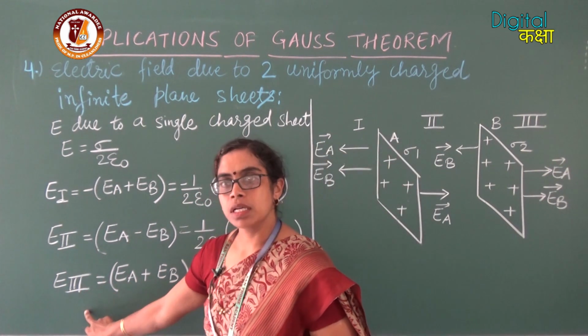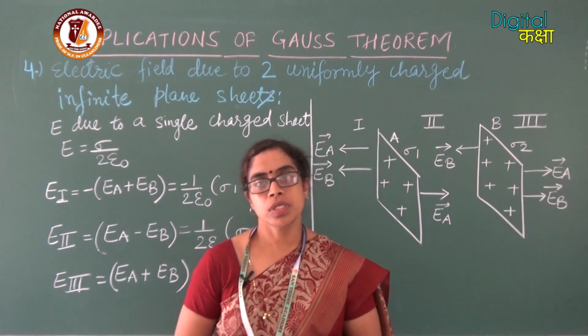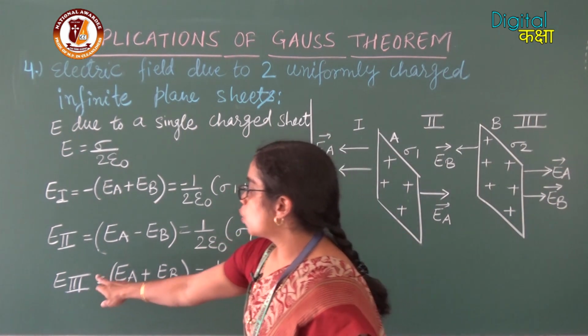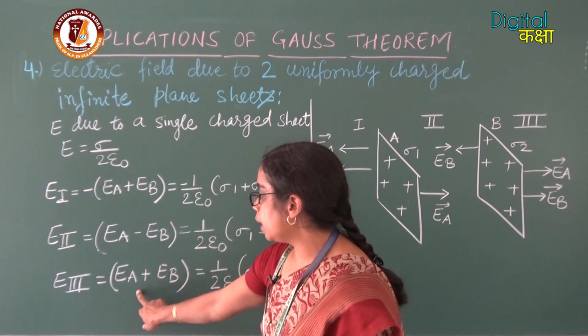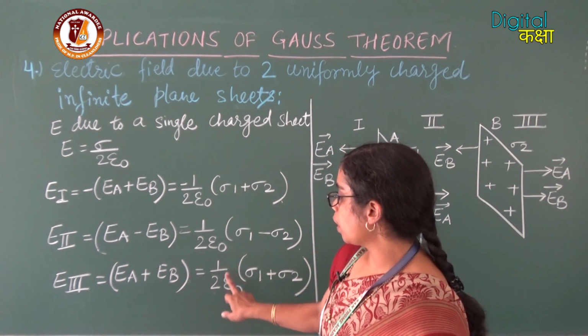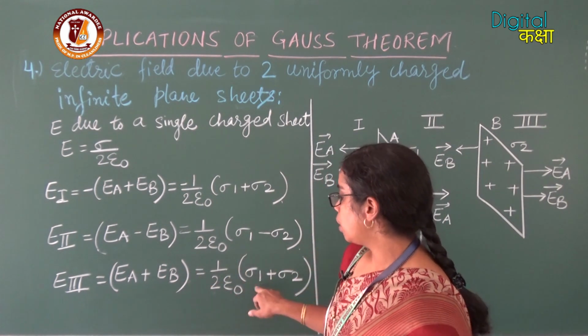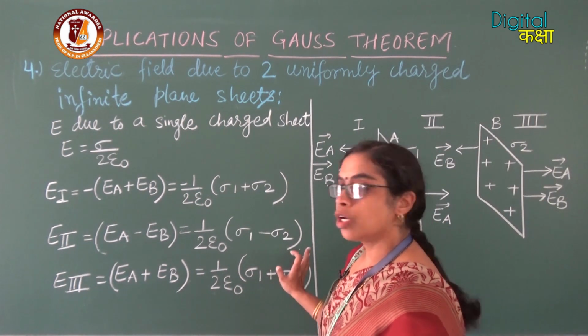In the third region, both EA and EB are directed towards the positive x-axis, so the electric field in region 3 is given as EA plus EB. It is equal to 1 upon 2 epsilon naught within brackets sigma 1 plus sigma 2.